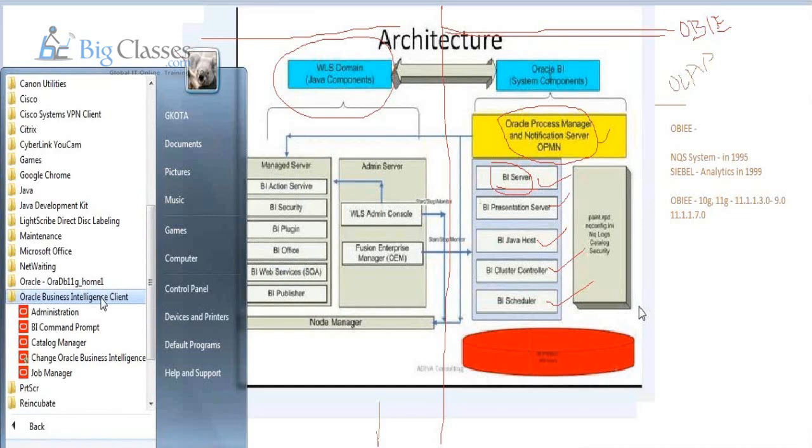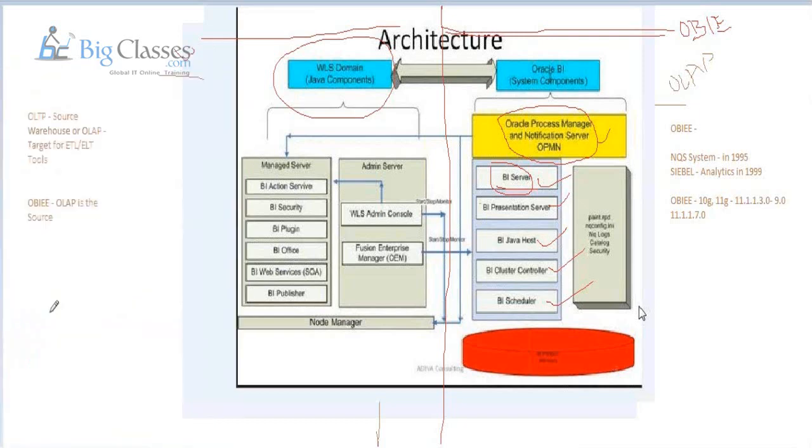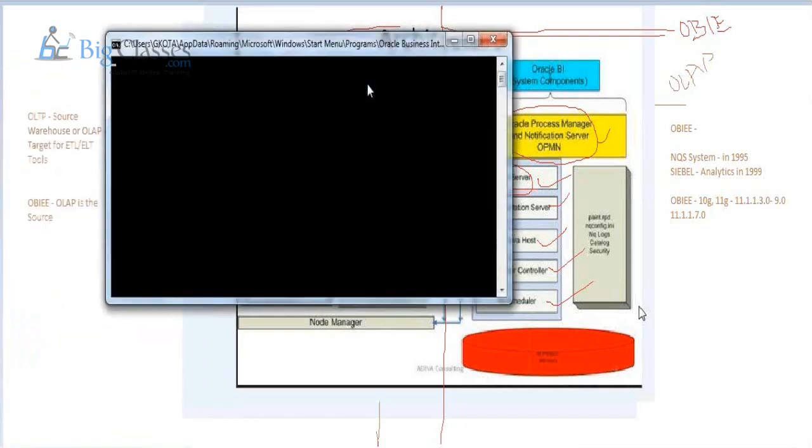Everything will be installed in your machine. As part of the BI server, this is the administration. If you click on this administration, it will open one tool. That tool is called the administration tool.